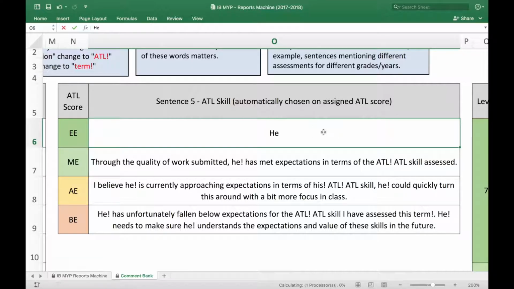He has exceeded expectations in terms of his communication ATL skill this term through the promising work he has submitted.